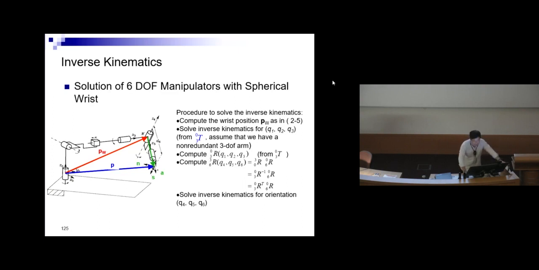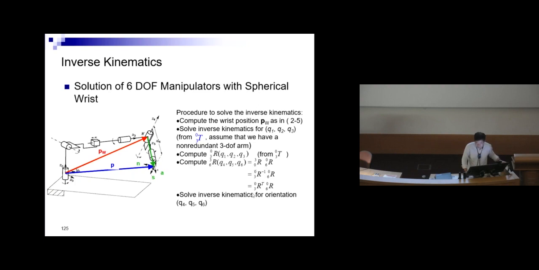Then the 3,6R, from 3 onward to 6, will comprise the Q4, Q5, and Q6. This is the wrist part. So 3,6R is actually 3,0R multiplied by 0,6R. And then we know that 3,0R is essentially the 0,3R inverse.